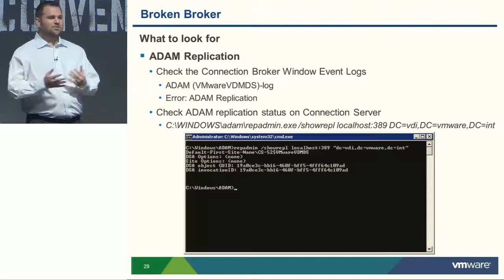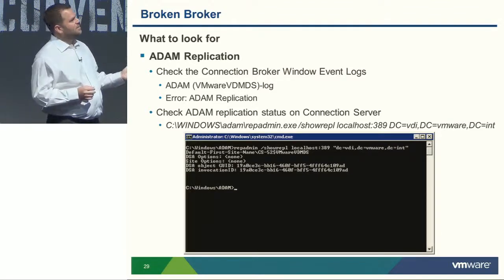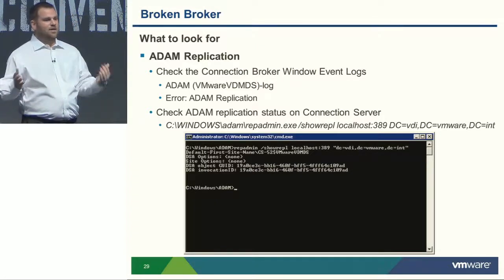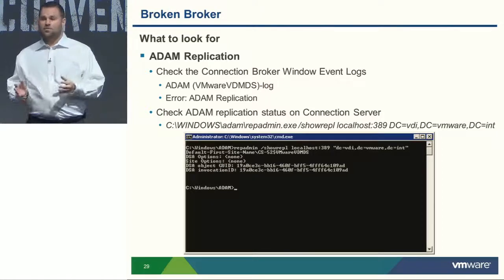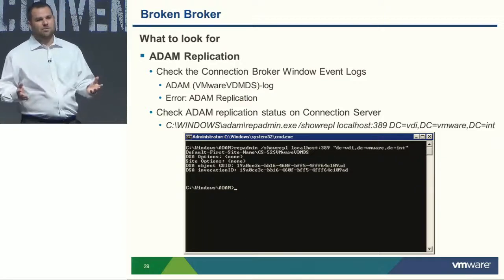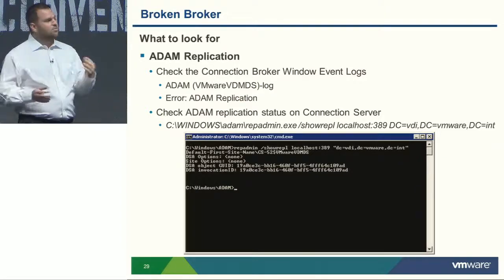Because we use that same underlying technology to replicate our configuration amongst brokers, this is an easy tool you can use to check if you might have a broker that has gotten out of sync with the rest. This doesn't happen a lot, but it does happen on occasion for customers, especially when you have a large environment with many brokers that have a lot of configuration to move around.